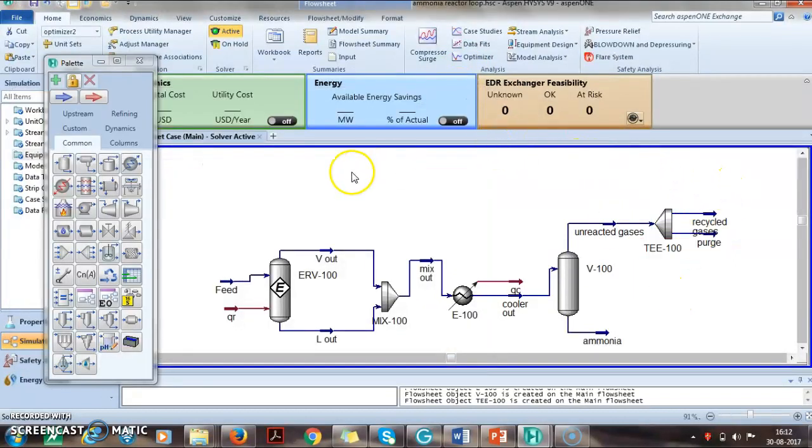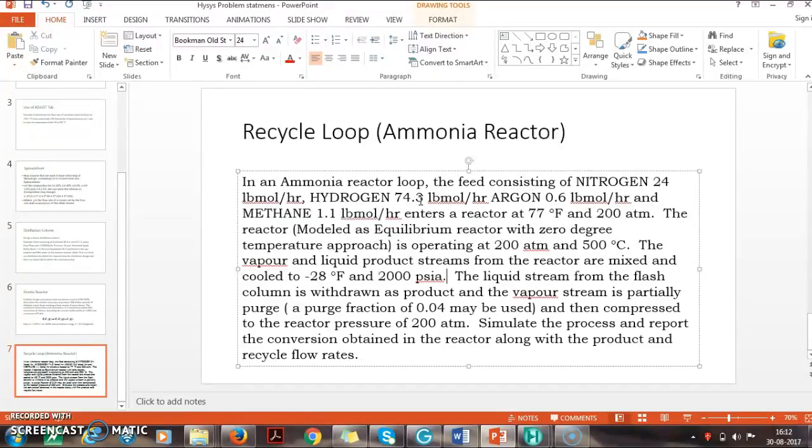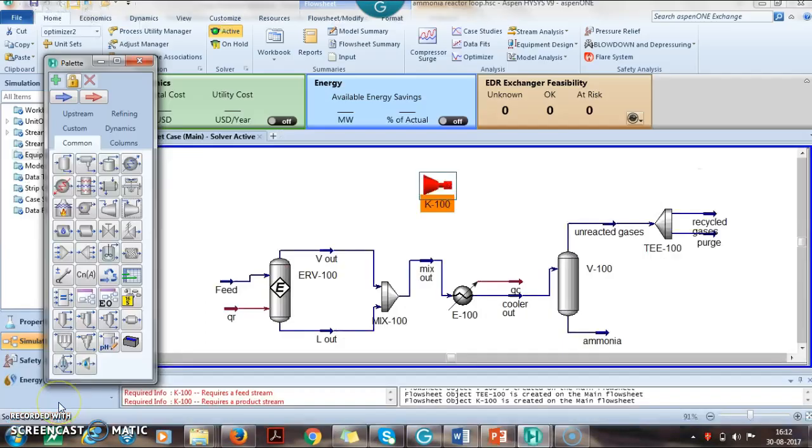This is then taken to a compressor. It is compressed to 200 atmosphere, which is equivalent to the pressure of the reactor.